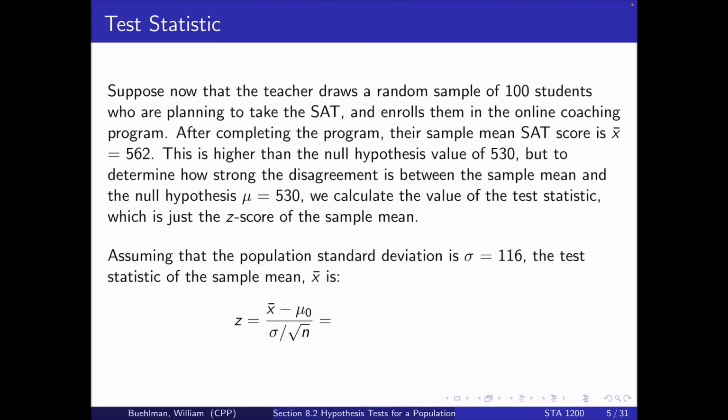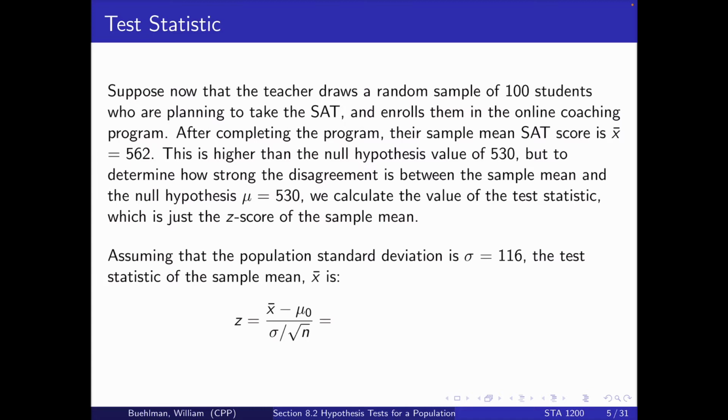Suppose now that the teacher draws a random sample of 100 students who are planning to take the SAT and enrolls them in the online coaching program. After completing the program, their sample mean SAT score is 562. This is higher than the null hypothesis value of 530, but to determine how strong the disagreement is between the sample mean and the null hypothesis, we calculate the value of the test statistic, which is just the z-score of the sample mean.